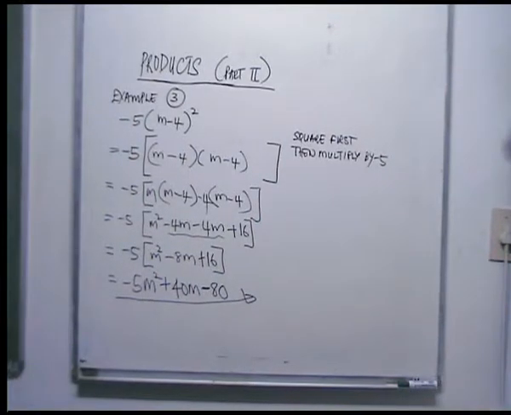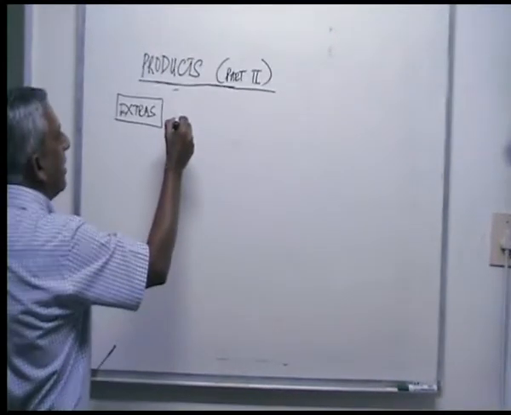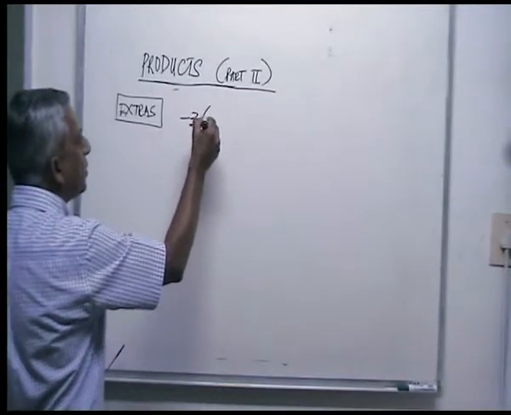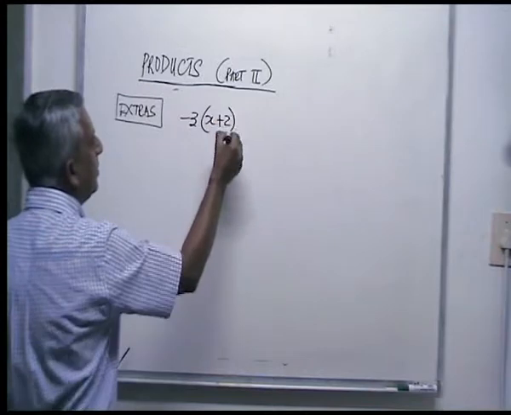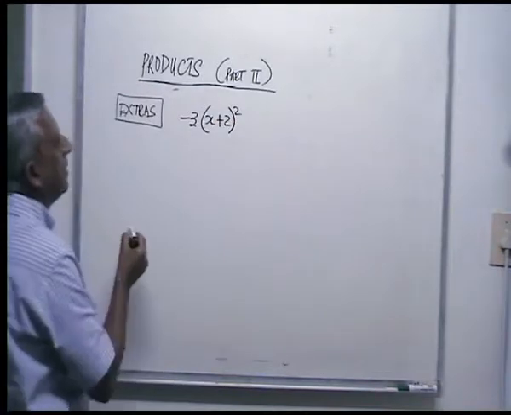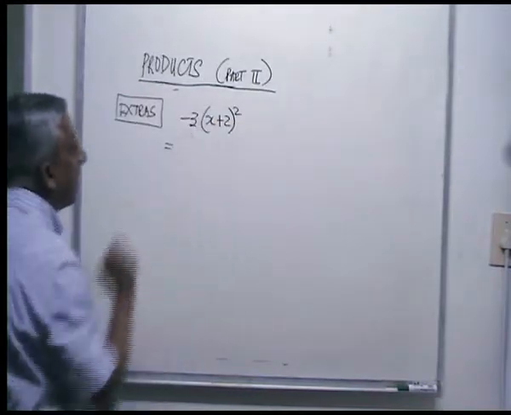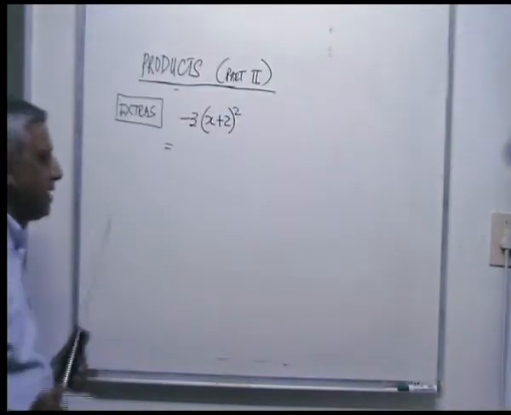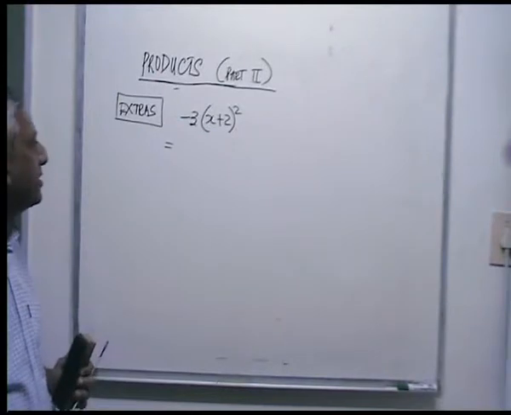So let's get the duster. Okay, that's because I'm following a certain number pattern. So suppose I told you minus 3 into x plus 2 all squared. So I want you to work it out. So just try it and work it out, and then I'll proceed to the next type of examples.